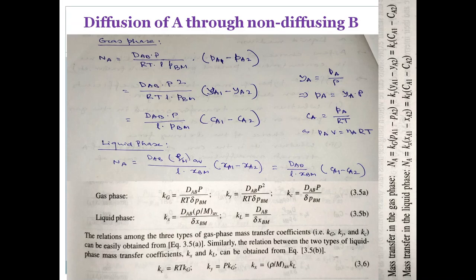That will come later, but here we are given the relations where if you know one mass transfer coefficient, other mass transfer coefficients can be calculated, and the expressions of the different mass transfer coefficients that we have presented here.